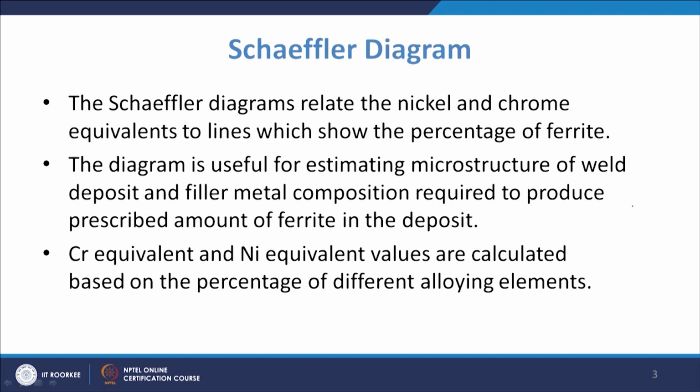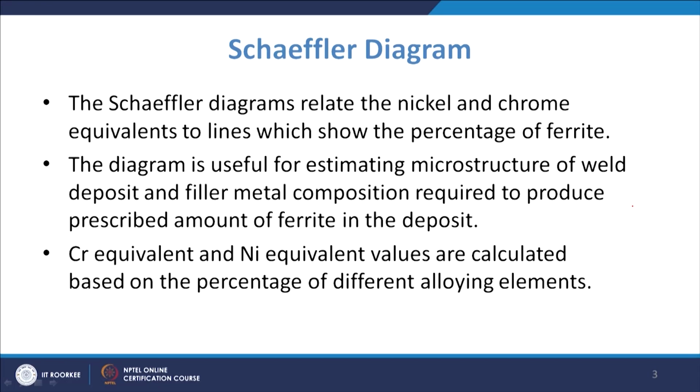The chromium equivalent and nickel equivalent values are calculated based on the percentage of different alloying elements. As the name indicates, this is a type of diagram, and when we are welding, many a times we are using filler metal.